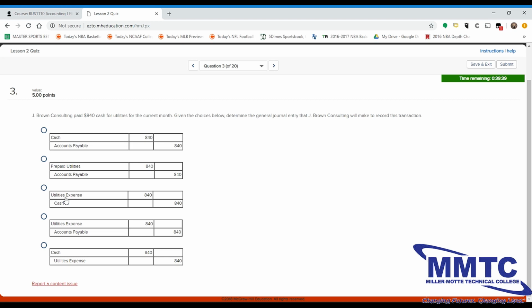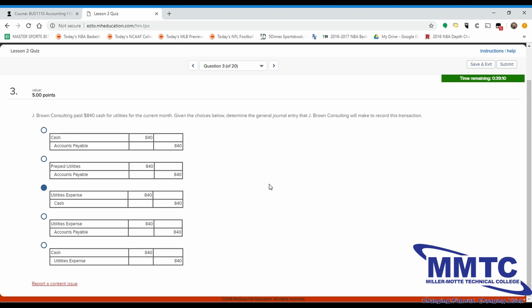Utilities expense is definitely something we can debit. So we're making cash go down, we're crediting cash, and we're making our expense what we expensed, right? We paid this bill, and we're keeping track of this utilities expense. This is just an account that tells me how much I have paid in utilities up until this point, right?